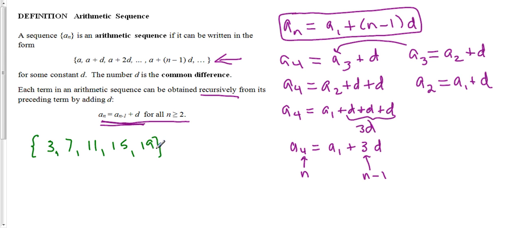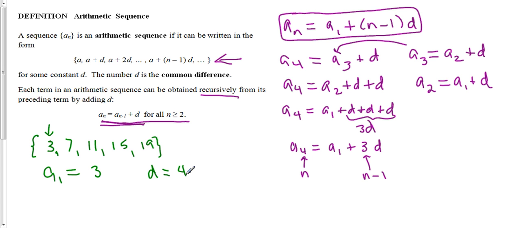It only has 5 elements or terms in it. If we look at this, what's a_1 going to be equal to? Well, a_1 is that first term or that first element, and in this case it's going to be equal to 3. Now how about d? d is again that difference between consecutive elements, and what's it going to be for this sequence? Right, it's going to be 4.